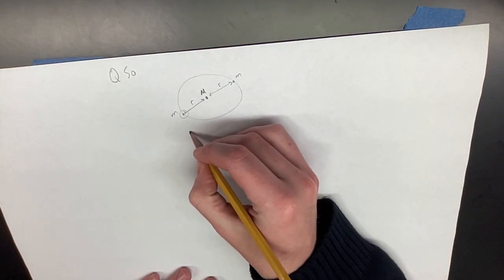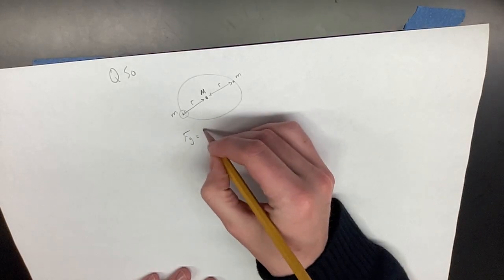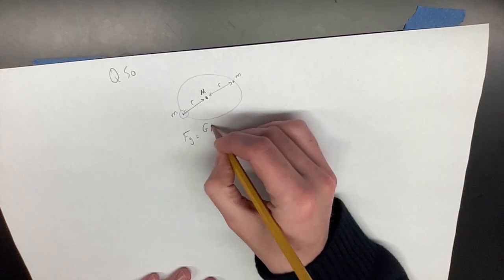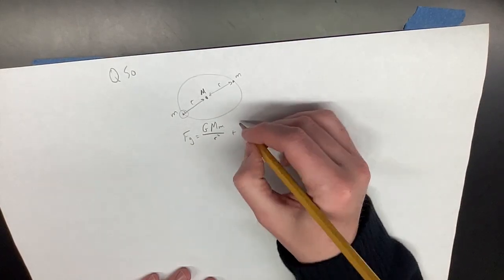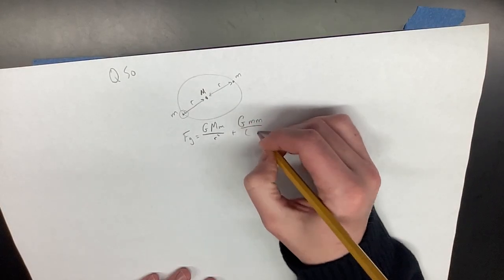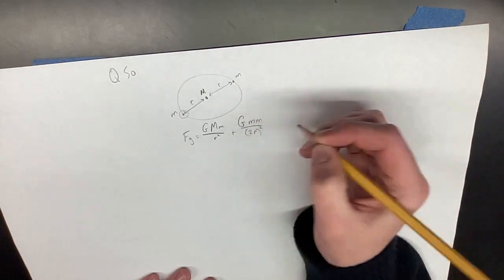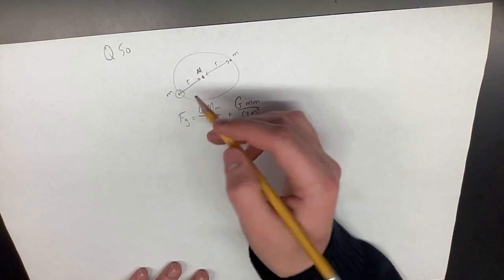Its force of gravity is going to happen two ways. One, it's going to happen GMm over r squared, and it's also going to happen GMm over (2r) squared. That's what this guy will feel.